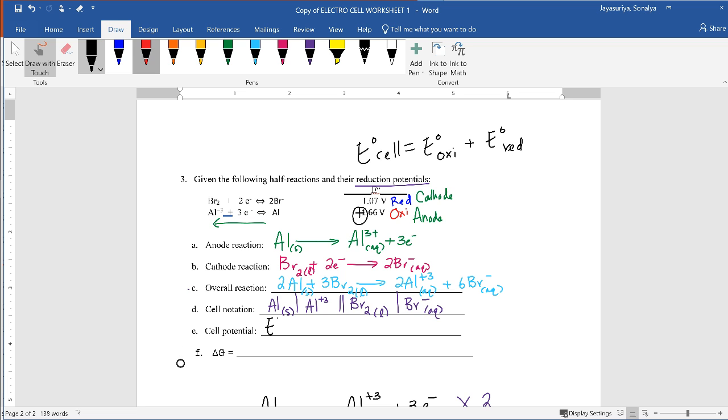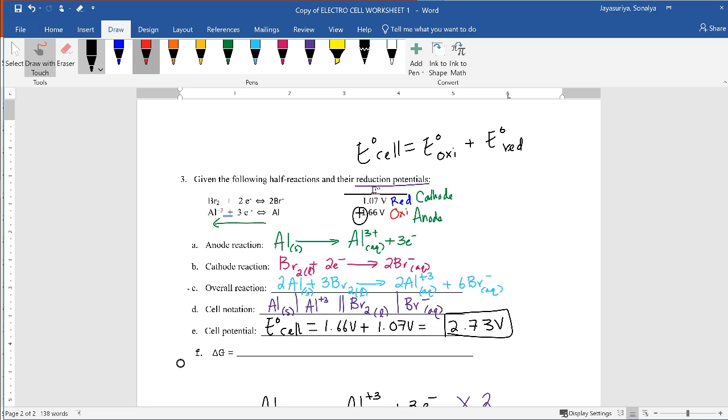So E cell is therefore equal to 1.66 volts plus 1.07 volts, which will be equal to 2.73 volts. Okay, I think that's correct. Let me see. 1.66 plus 1.07. Yeah, 2.73 is correct.